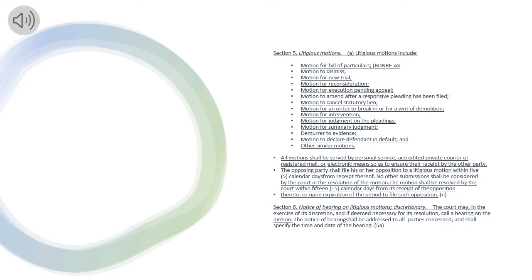Section 5. Litigious motions. Litigious motions include: motion for bill of particulars, motion to dismiss, motion for new trial, motion for reconsideration, motion for execution pending appeal, motion to amend after a responsive pleading has been filed, motion to cancel statutory lien, motion for an order to break in or for a writ of demolition, motion for intervention, motion for judgment on the pleadings, motion for summary judgment, demurrer to evidence, motion to declare defendant in default, and other similar motions.